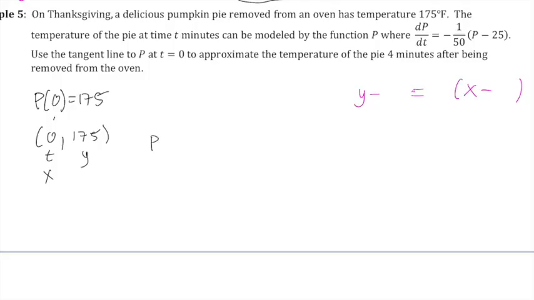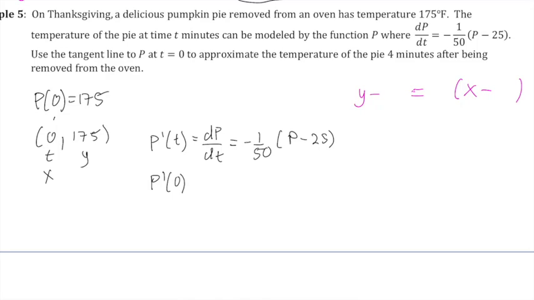And so the derivative at t is going to equal dp dt, so look at the rate right here, the slope of the line. We have to plug in the temperature here, and in that case it is 175 degrees at time 0, because we're using time 0 to approximate.